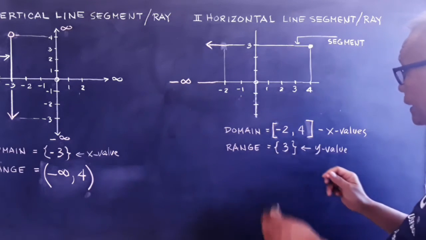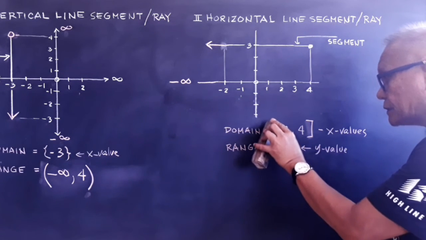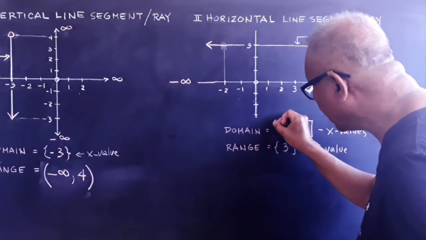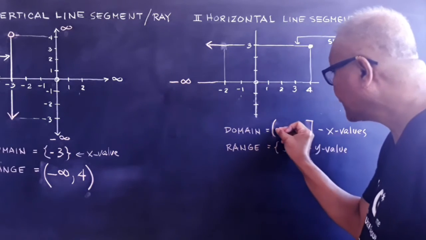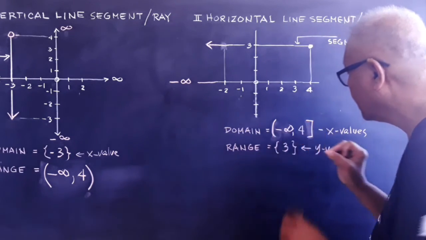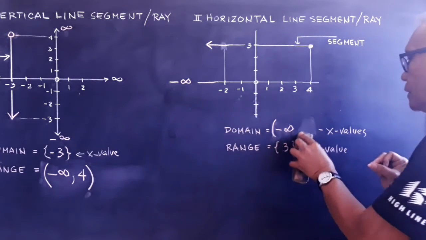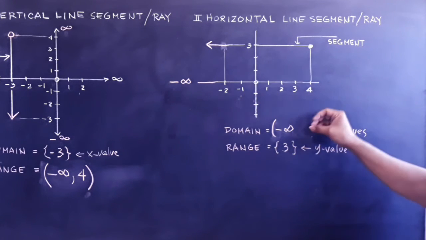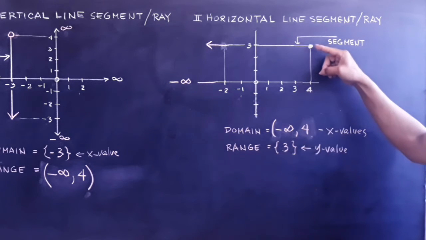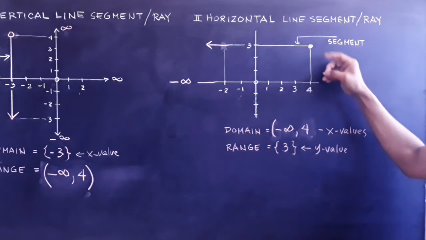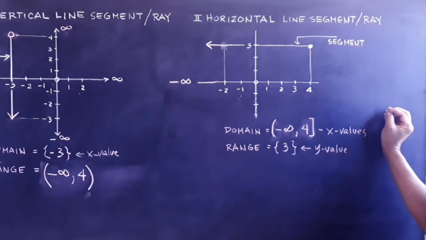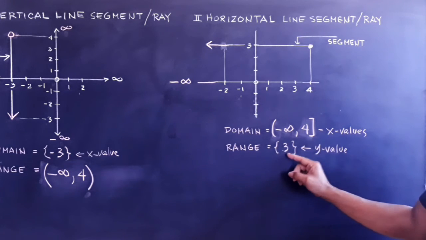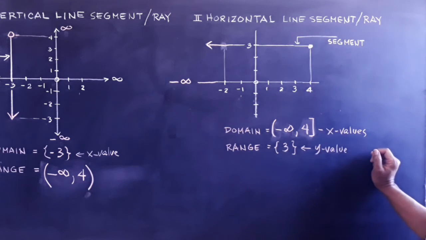For the domain, this one is always an open parenthesis here, and we write the negative infinity here. And then it will just stop here on the 4. 4 is included because it is shaded. Therefore, I'm going to write like that. That is the domain of our ray. The y value is 3 for our ray.